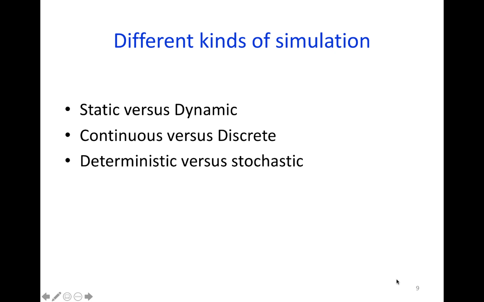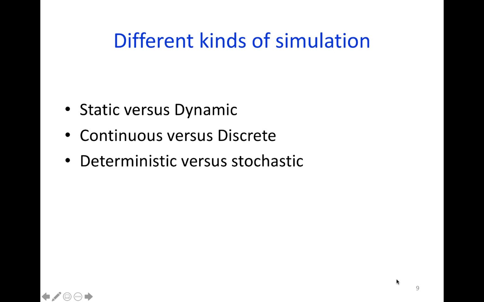These characteristics of interest will basically be updated in the system every time a new part comes in or a new customer comes in, or every time a part is done and is leaving the system, or every time a customer gets the service and leaves the system. So that's basically what we mean by a discrete time simulation model or discrete event simulation model. The characteristic of interest changes at discrete points of time.